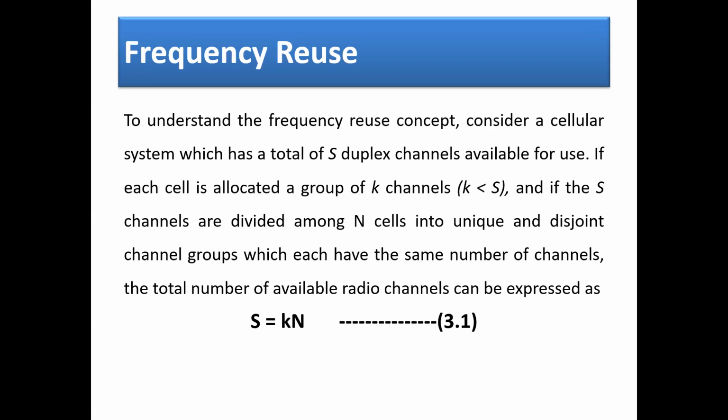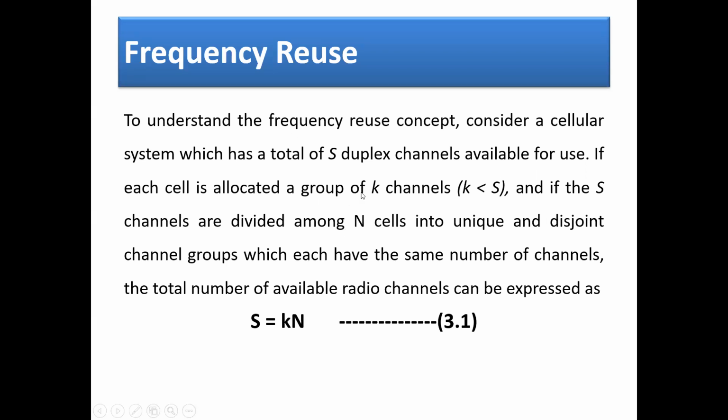Okay, so K must be less than S, and the S channels are divided among N cells. As you know, in the previous example on the whiteboard, we divided the whole number of channels among 7 cells, so N equals 7.